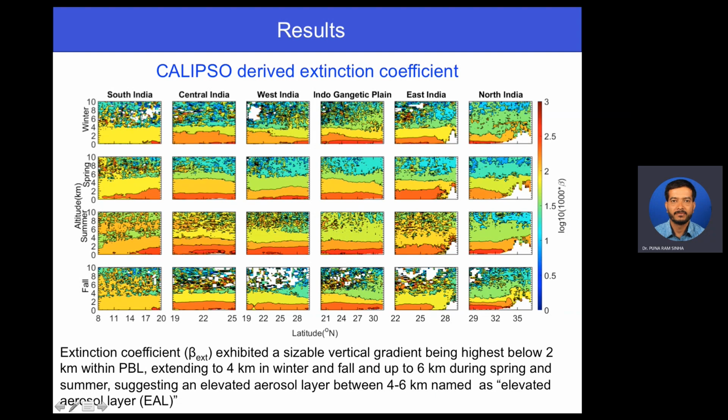As you can see here, the extinction coefficient exhibited a sizable vertical gradient, being highest within 2 kilometer in the boundary layer, extending up to 4 kilometer during winter and fall, and reaching up to 6 kilometer during the spring and summer season, suggesting an elevated aerosol layer between 4 to 6 kilometer, which we named elevated aerosol layers.